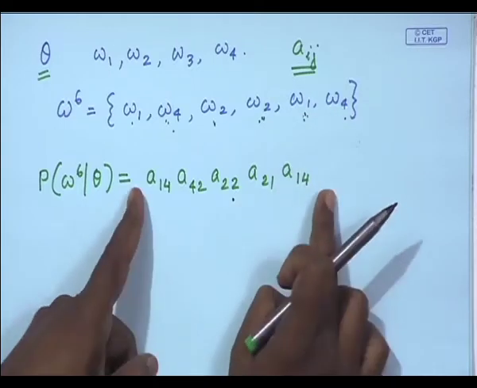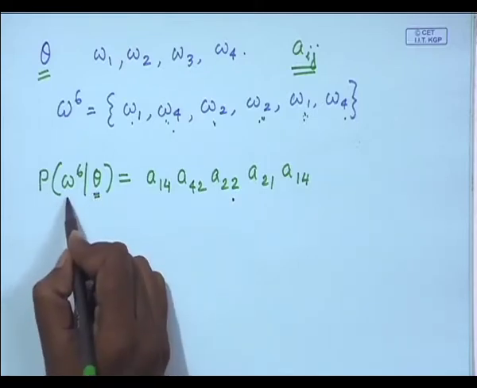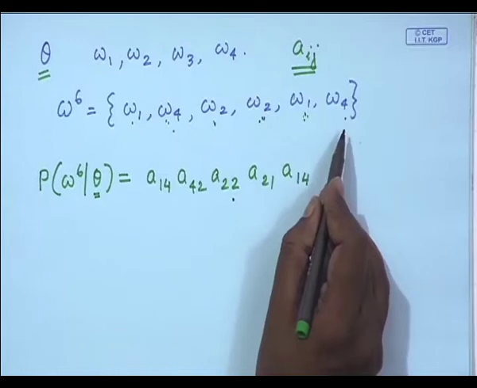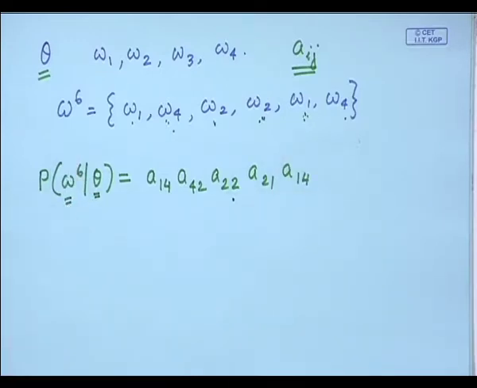So, this is the probability that this machine theta has made a transition through this sequence of 6 states as specified by this omega 6.